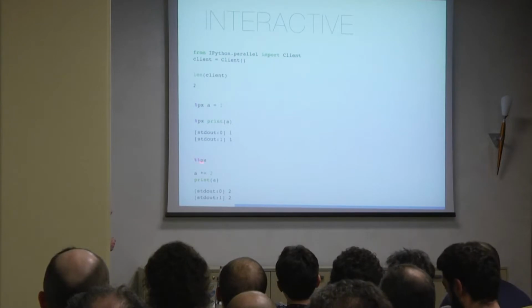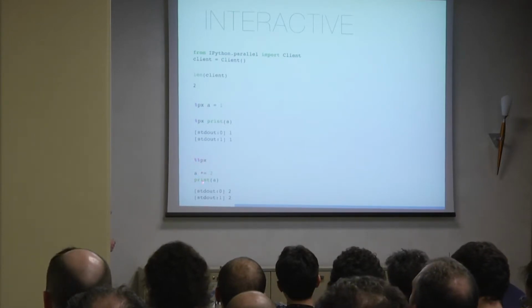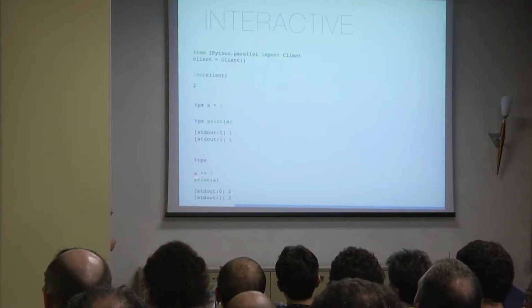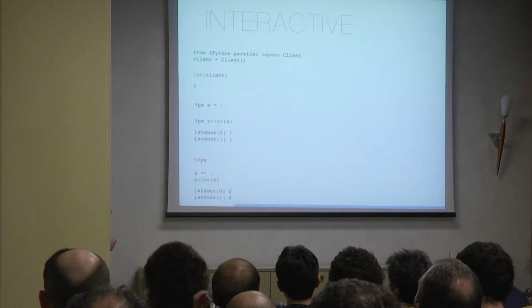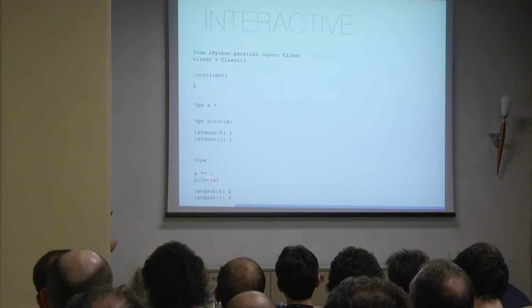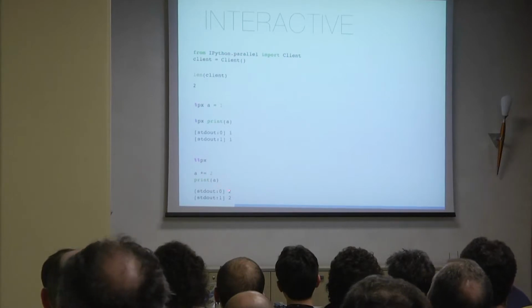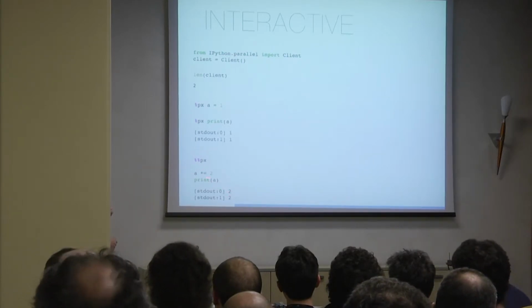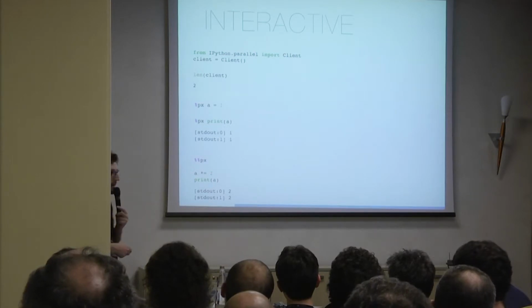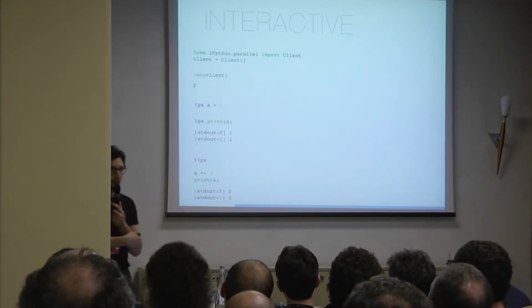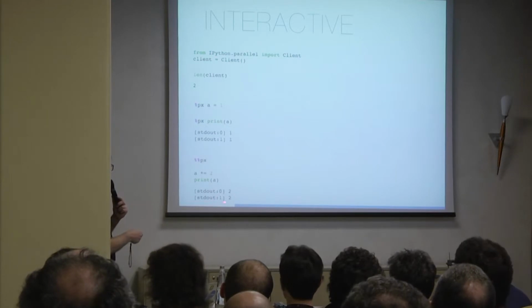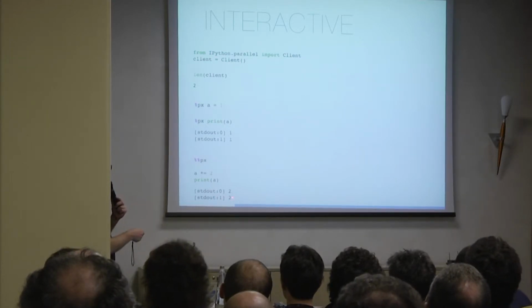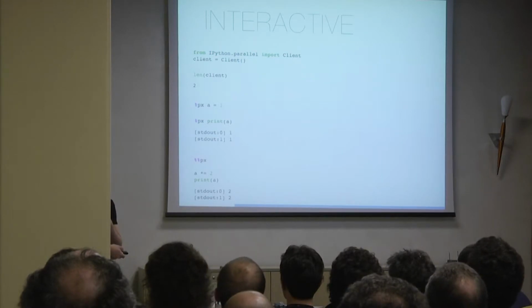This magic is just to have multiple lines in the same cell. So in this case, we're multiplying A by 2, and we print A again on the two different processes. And in this case, we see that the value of A is copied between the two processes, okay? Because A on the second process is not, for instance, 4, but it's 2 again, okay?